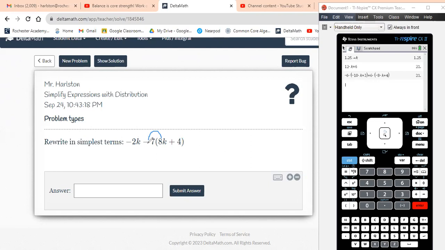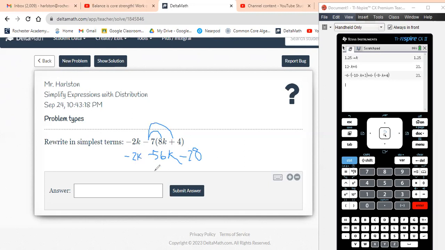But the way I do it is I just take this minus goes with the 7. So this is going to be a -7 times 8. So this is going to be a -56k. And then I'm going to do the same thing, a negative 7 times a positive 4, and that's going to be a negative 28. And then I also have this a negative 2K.